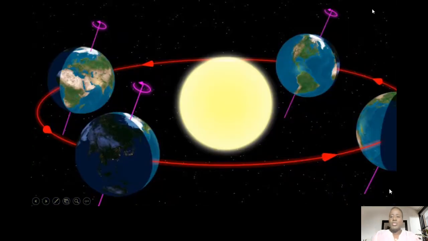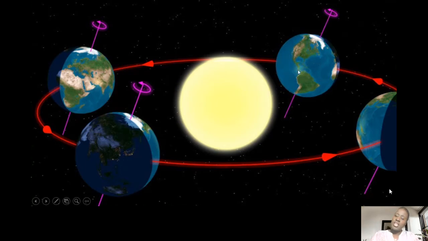Here's another diagram. As you can see, each one is indicating the rotation of the Earth. So the Earth is spinning, and as it's spinning, it is in orbit. This red line represents the orbit, or the revolution, around the sun. As it spins, different portions of the Earth on different paths of its orbit are experiencing different seasons. Here we have North America and South America.